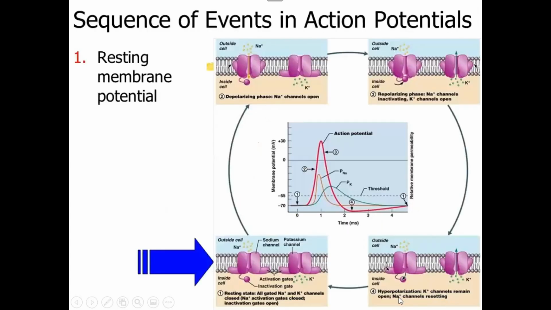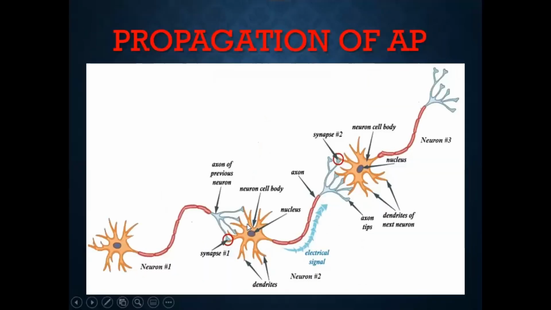Prolonged opening of the potassium channel causes hyperpolarization, where your membrane potential goes below -70. This is about the resting membrane potential.